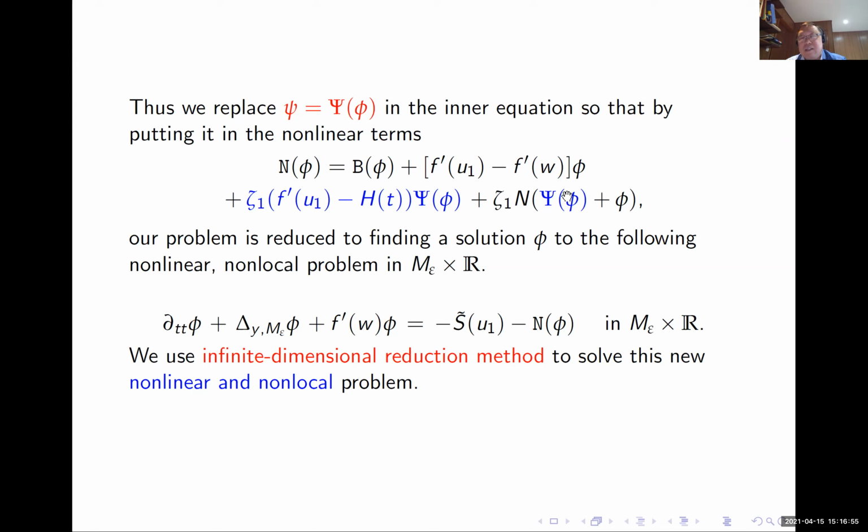So now all I need is to solve this inner problem, but it is nonlinear and non-local. So in my second step, I solve the outer problem, plug it into the inner problem, and then all I need to do is solve this problem. This problem is defined everywhere.